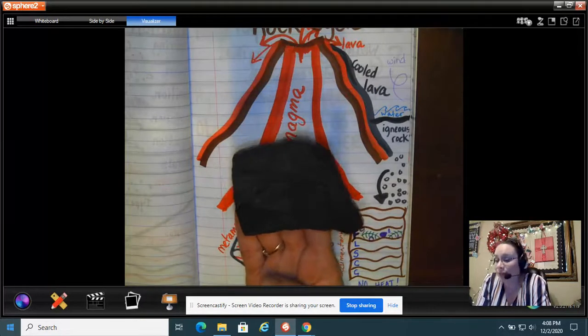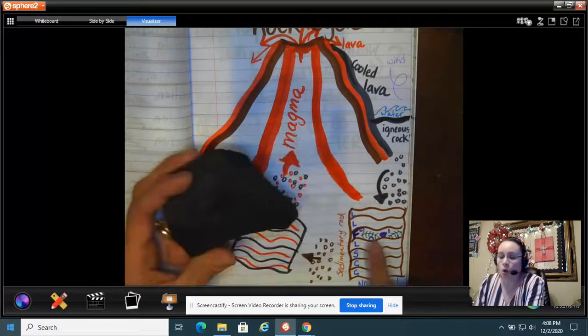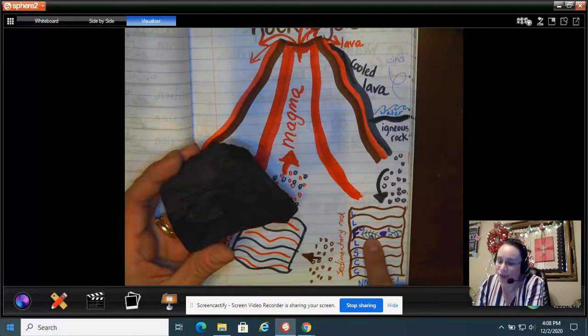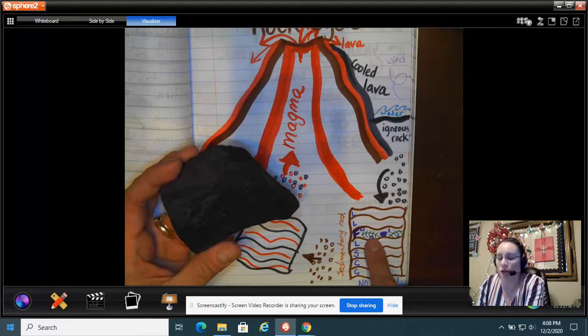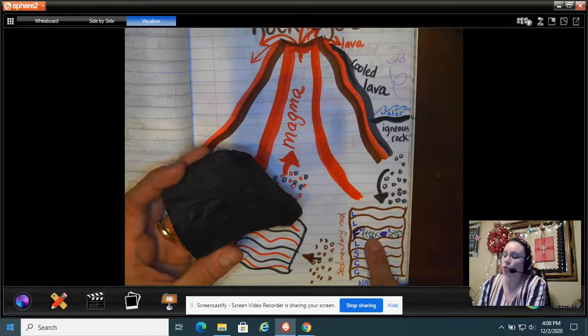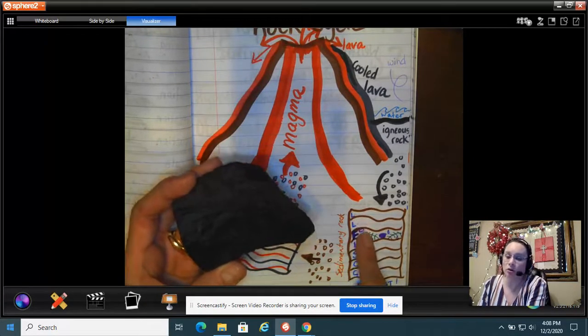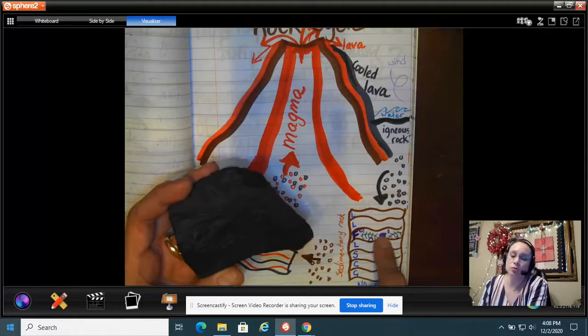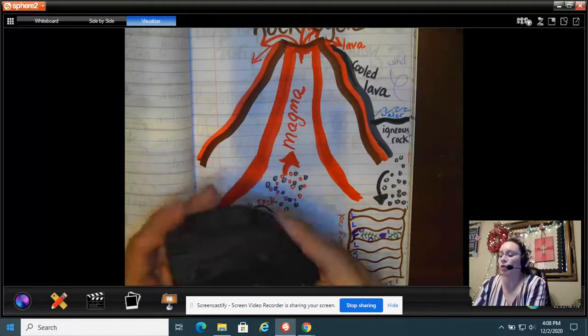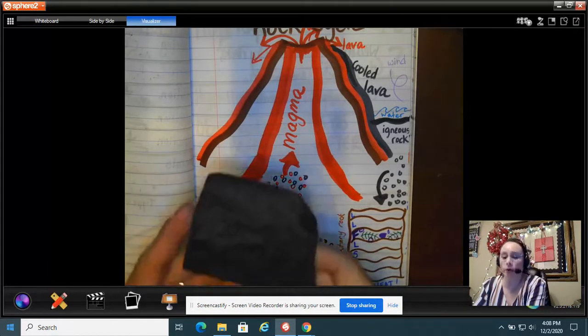Okay. And we take this coal, which is old dinosaur plants that have been squished, squashed with a lot of pressure for over 65 million years. And what humans do is they dig into this rock or into the earth, find these fossil fuels, which is coal, and we take it to a company that will burn it.